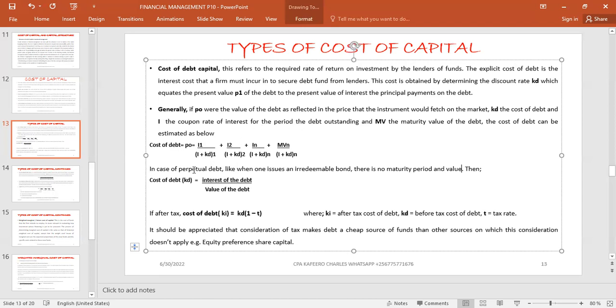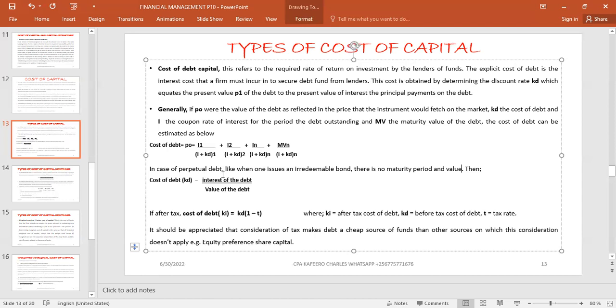But we know how to calculate the Kd, and the Kd is calculated by the interest of the debt over the value of the debt, which means it is I over P. You can either go by this and try to discount it, but for us, what we prefer is to get the percentage that we are going to be using. That will be our RRR.